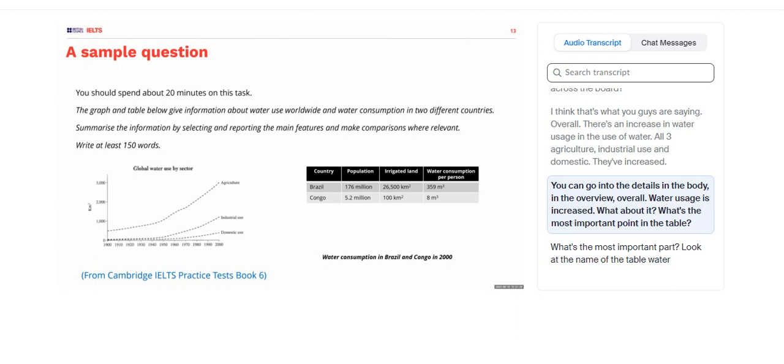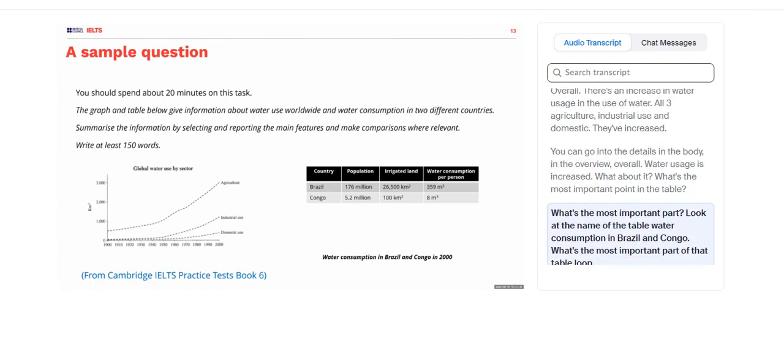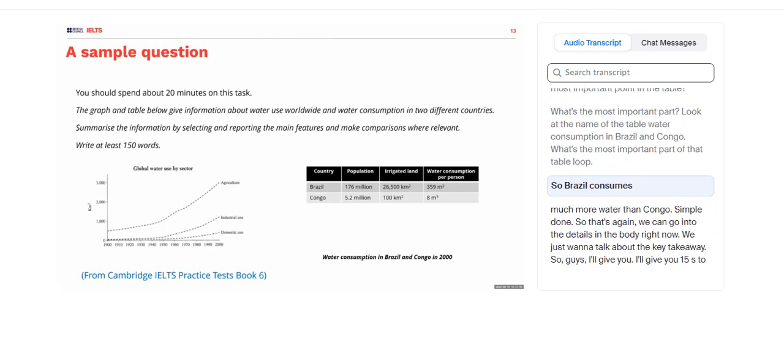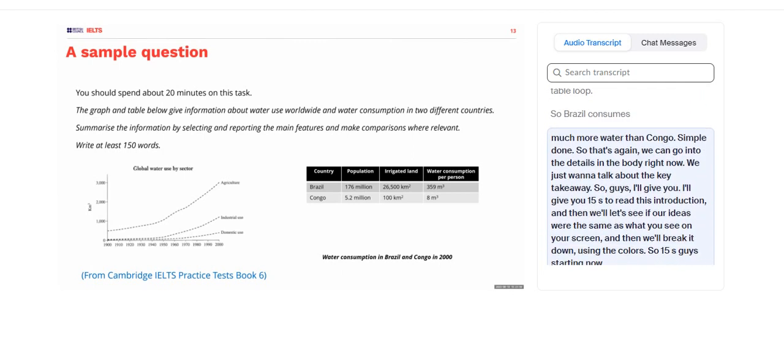What's the most important point in the table? Look at the name of the table, water consumption in Brazil and Congo. What's the most important part of that table? So Brazil consumes much more water than Congo.